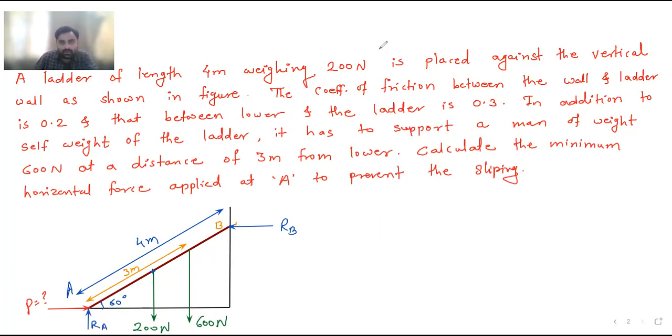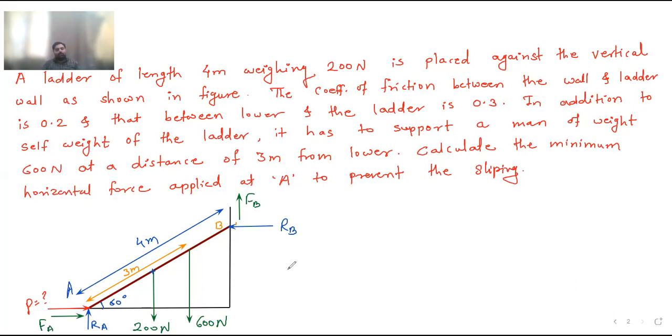Then we will show the frictional force. So this point B will move downward. So the frictional force will be in this direction at point B. And here at this point A, the frictional force will be in this direction. So this is FB and this is FA, frictional force.